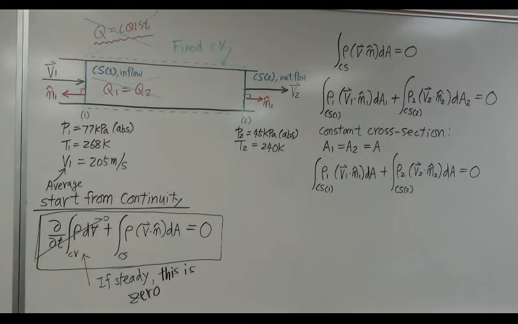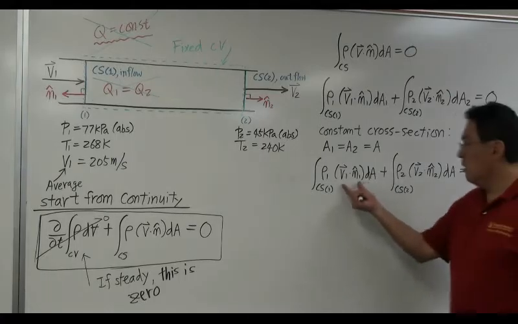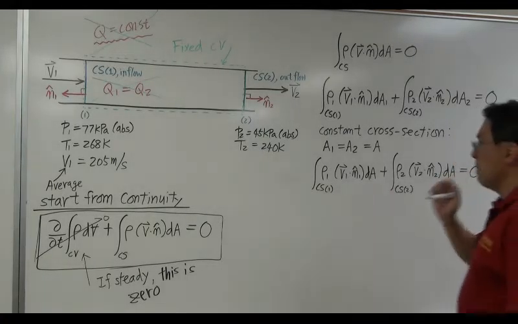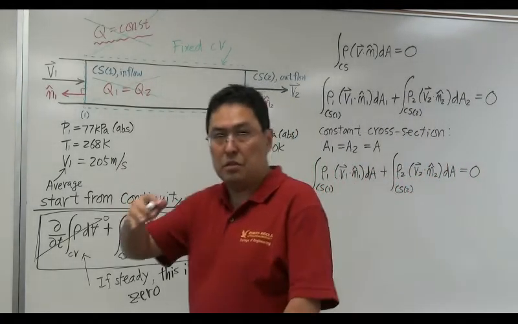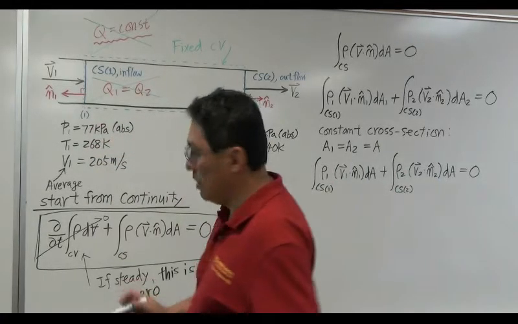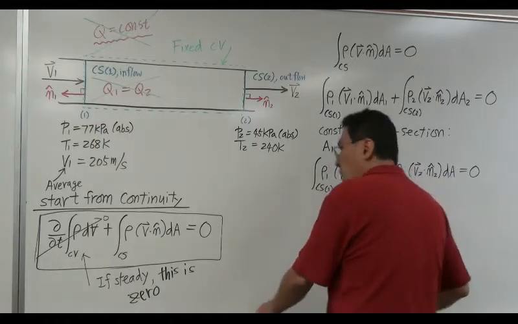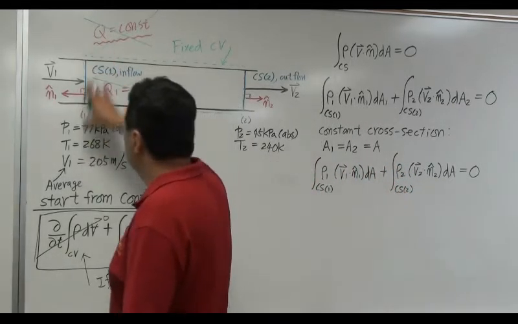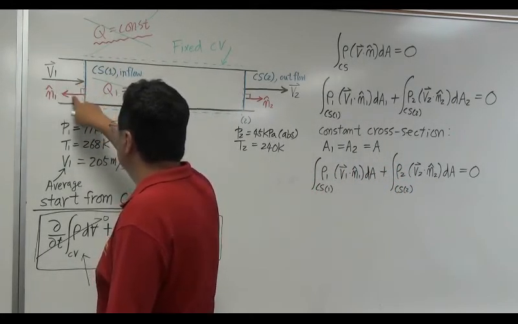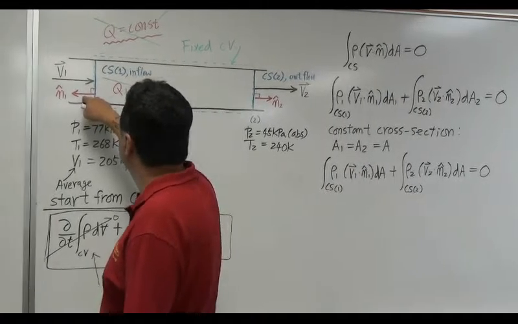Alright, so let's take a look at V1 dot n1 and V2 dot n2. Let's look at this picture here. At control surface 1, you have V1 incoming. This is the outward unit normal vector.